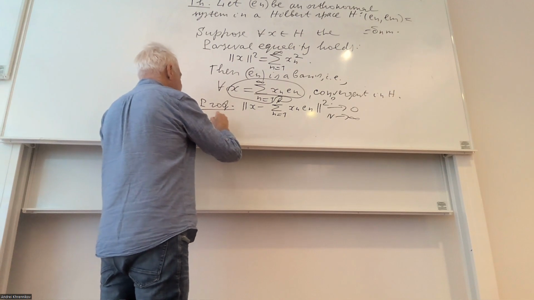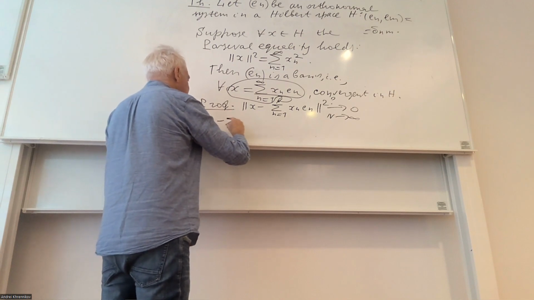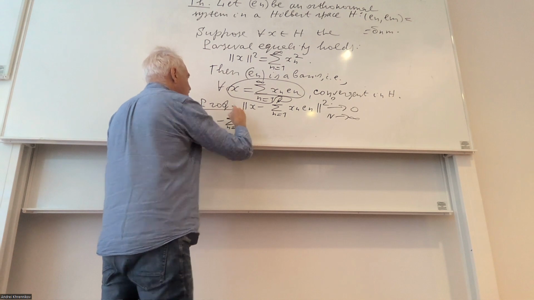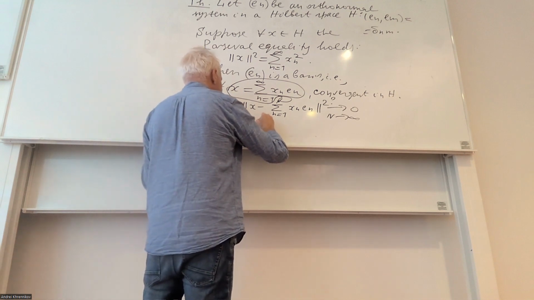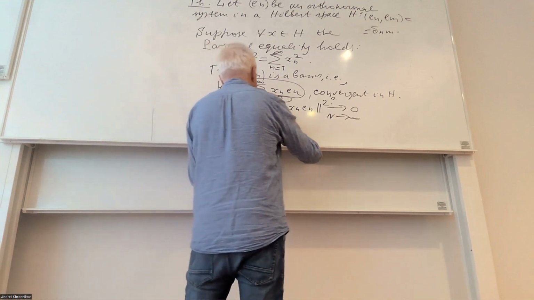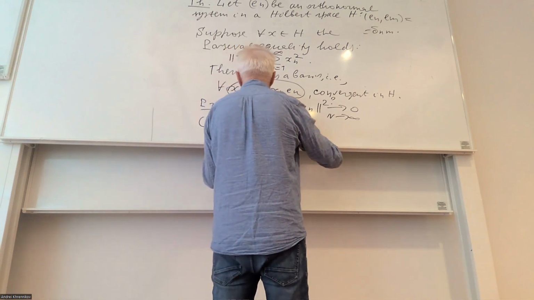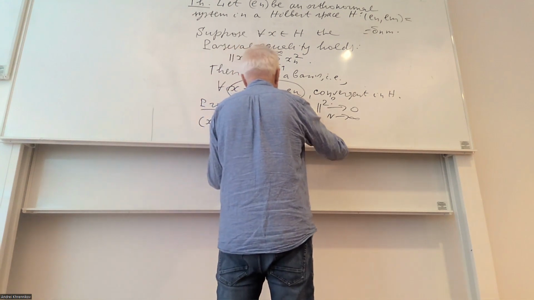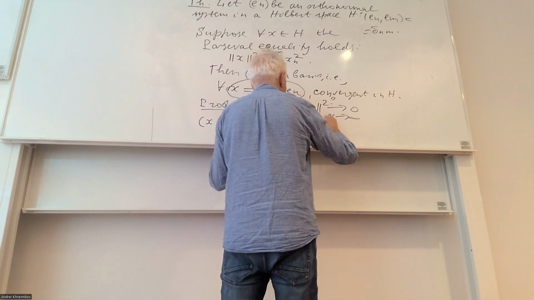So what is the square of the norm of x minus the sum n from 1 to n xn En?